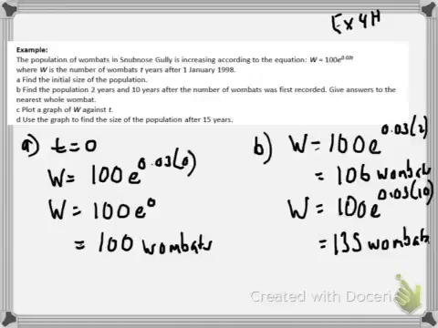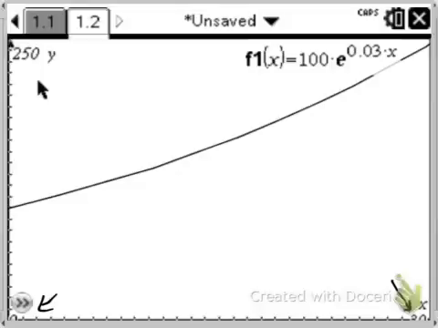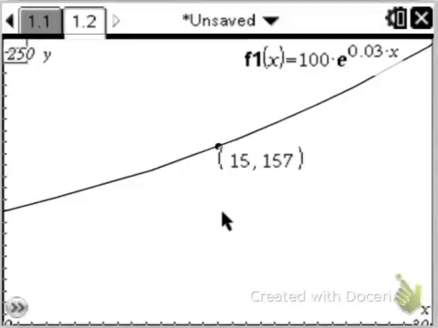Use the graph to find the size of the population after 15 years. Okay, so if we go to the next one, you can see there I've used a thing called trace on. To show you how to get there, if you've got a graph, you go to Menu, number 7, Points and Lines.